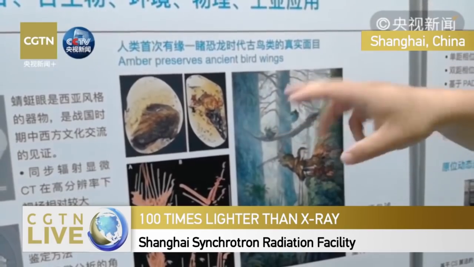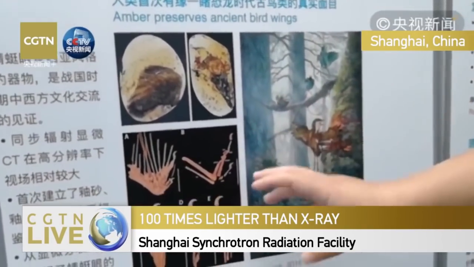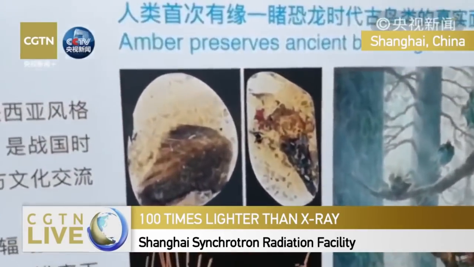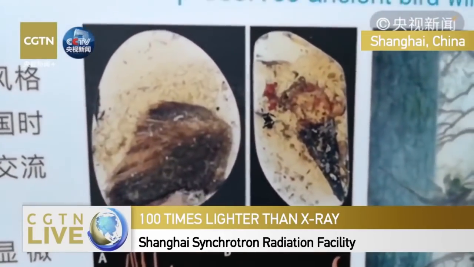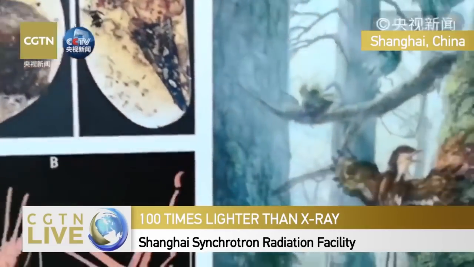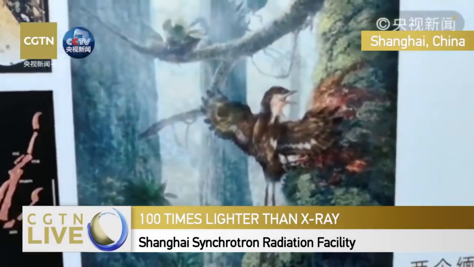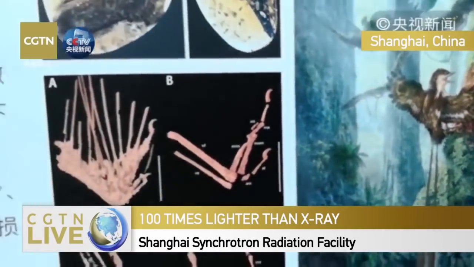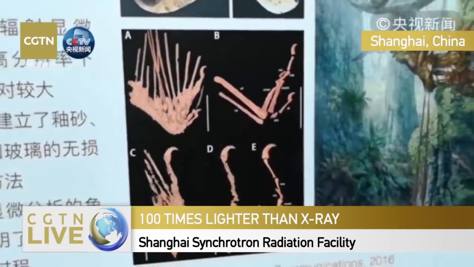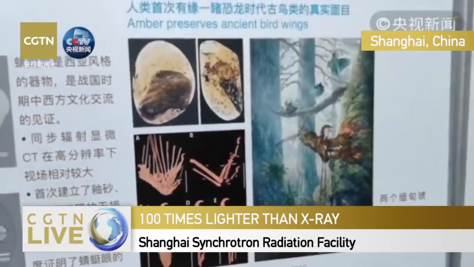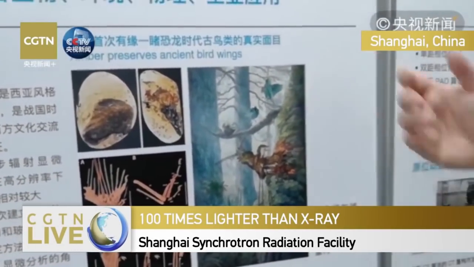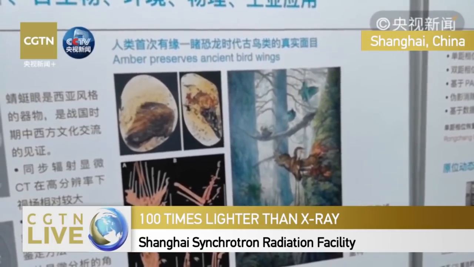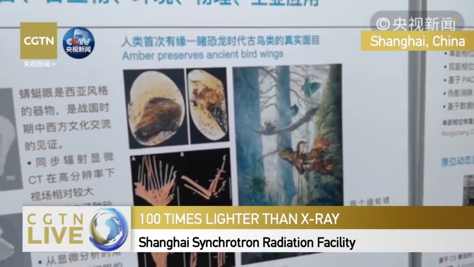But using this synchrotron radiation, we need not damage the fossil, and we can observe the inner structure. So we can see it is not a bird, it is actually the smallest dinosaur. And the earliest dinosaur actually came from birds. So this discovery is very important for us to believe in the proposition that dinosaurs come from birds.